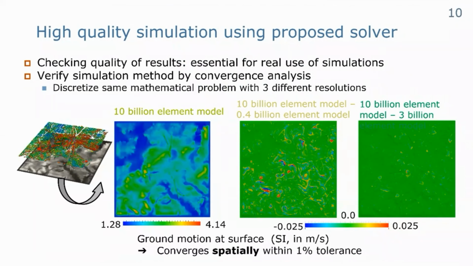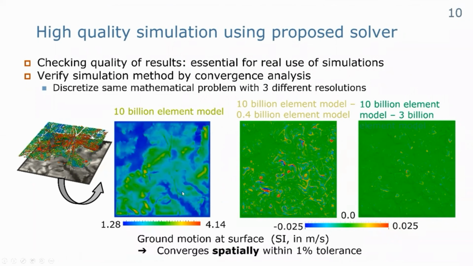So why do we need this kind of huge degree of freedom simulation? Because we need high quality computing. First, I'll show you the numerical convergence of the solution. We use the 10 billion element model for this simulation, and we also conduct 0.4 billion element and 3 billion element models.